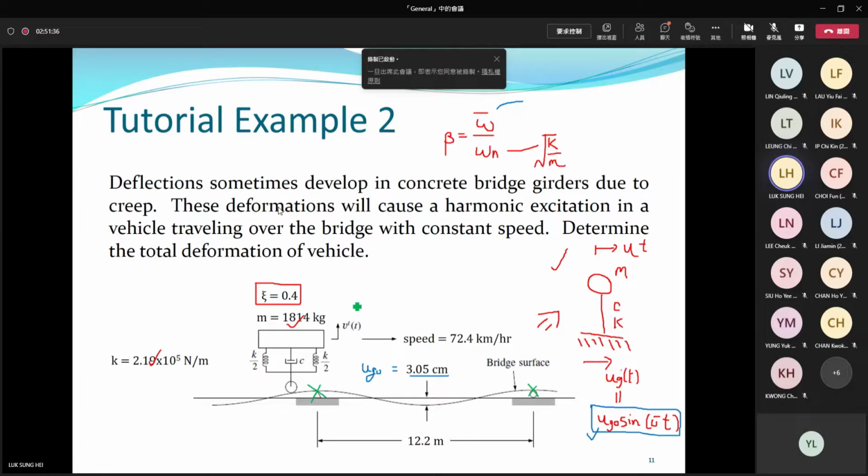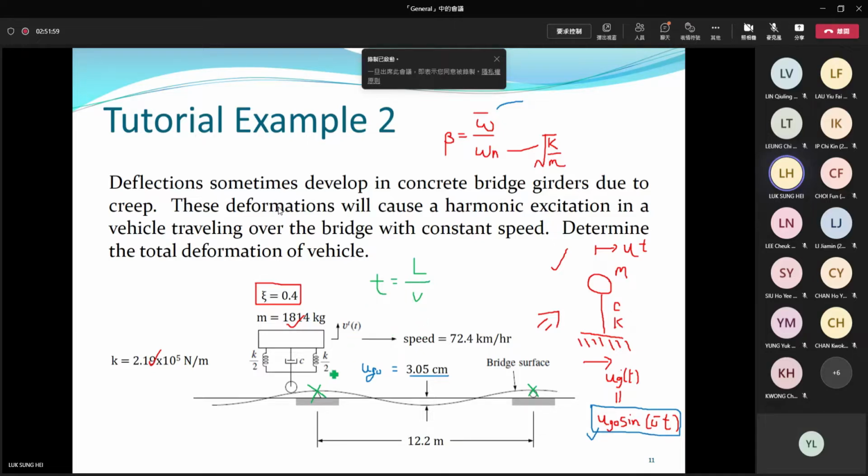So what is the time required for the car to move from one point to another point? You know the distance, you know the speed. Distance over speed gives you the time traveling from one point to another point.